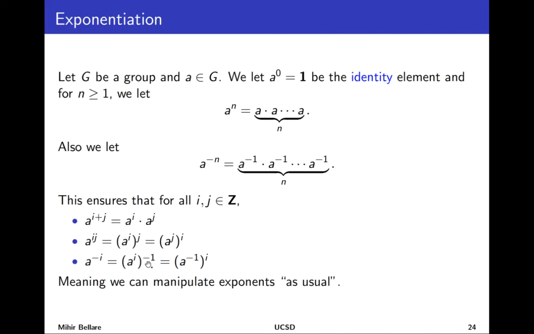This is again not a tautology, because what it's saying is that the result of A inverse multiplied by itself i times is the same as if I first looked at multiplying A by itself i times, took the group inverse of that and returned that. So those two things are the same.